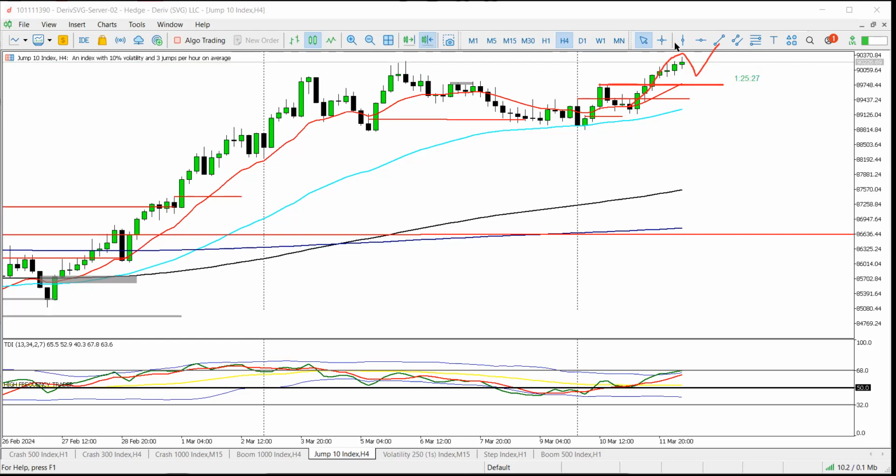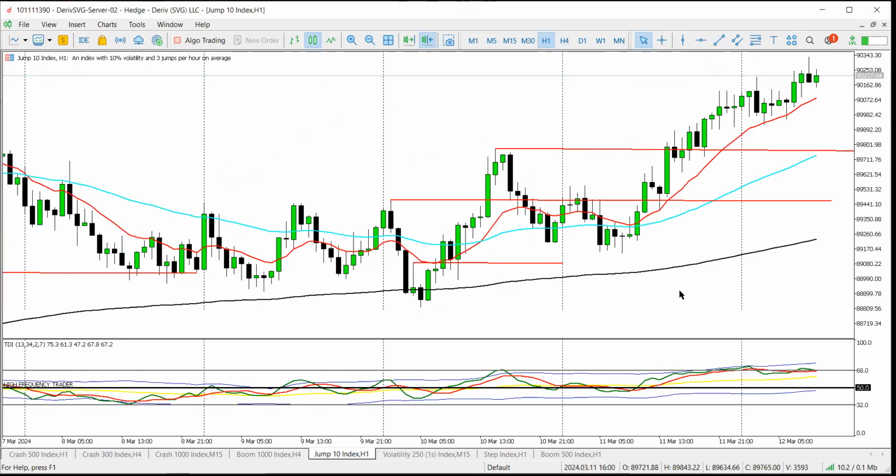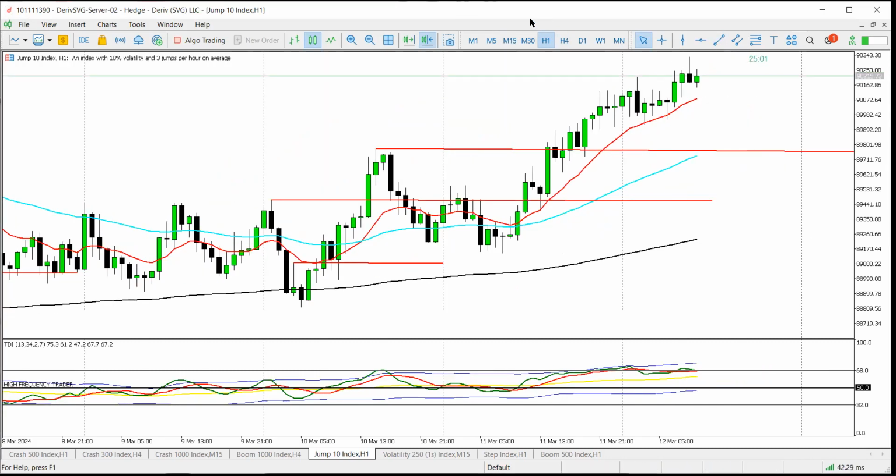Let me just mark that area as well. Okay, then when we drop down to H1, this is my view from yesterday.